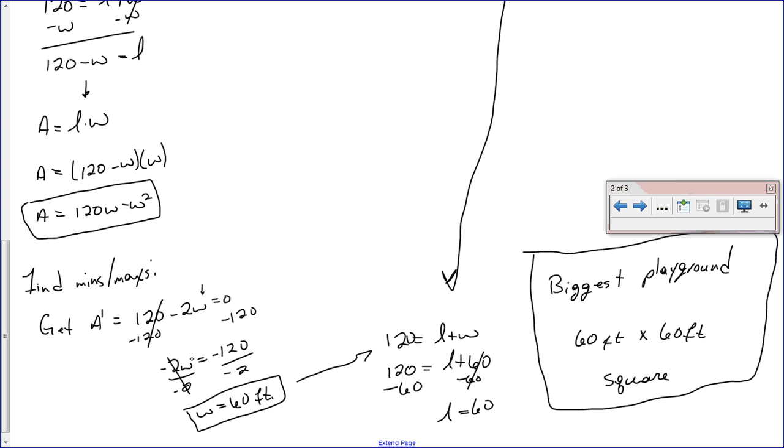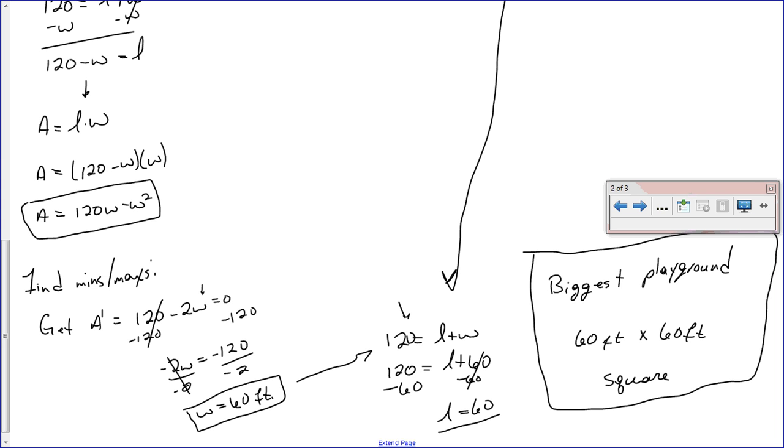Okay? So now we brought this equation down from up top, our 120 equals L plus W. Now we know what W is. So now that we know what one variable is, we can easily solve for the other one. So we substituted in the W, get 120 equals L plus 60, subtracted 60.